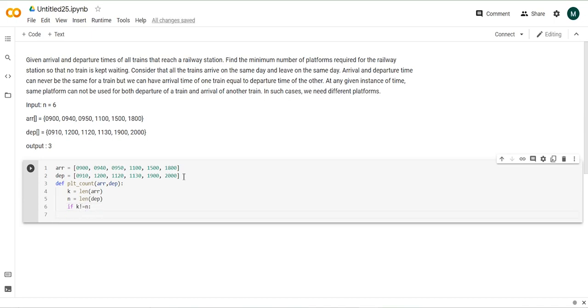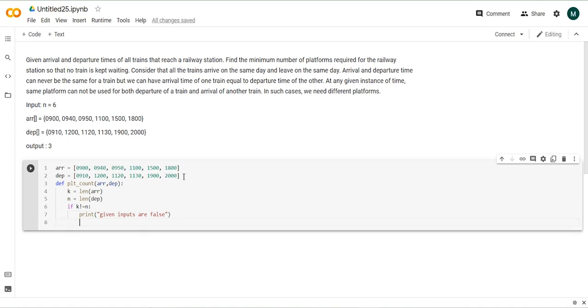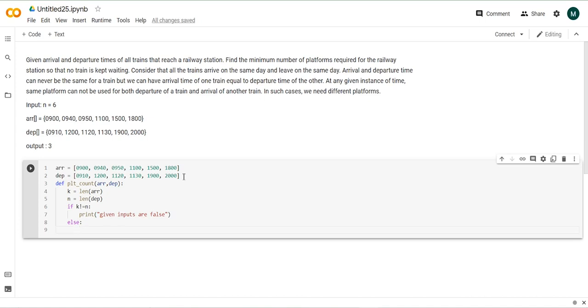So we print that the given inputs are false. Else, this is our main condition, in which k is equal to n.